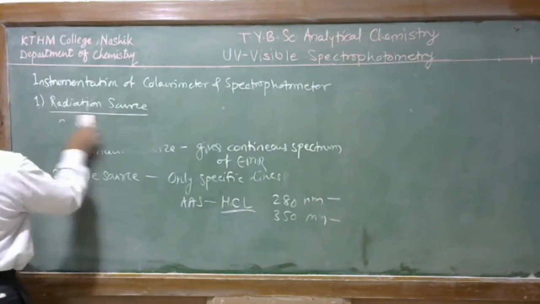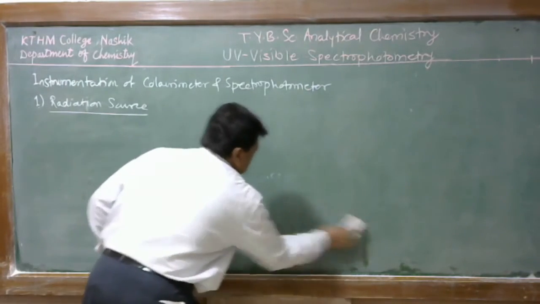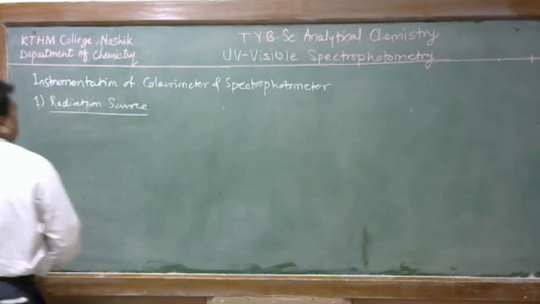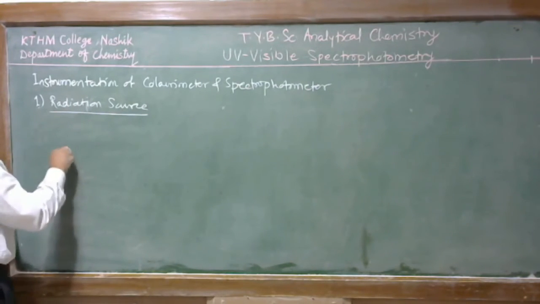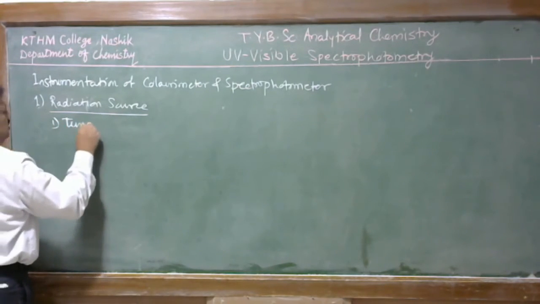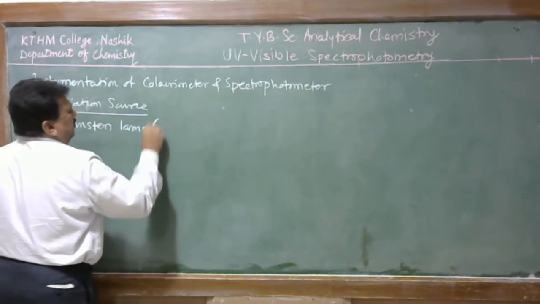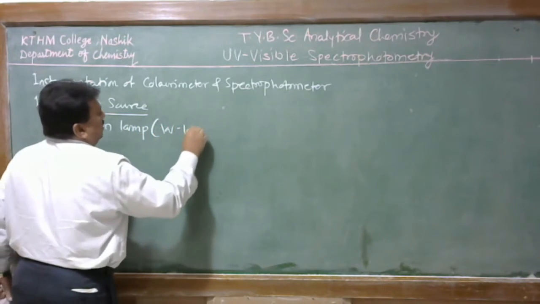Therefore, here we discuss the radiation sources used in a colorimeter or spectrophotometer. First is called a tungsten lamp, that is a W lamp.